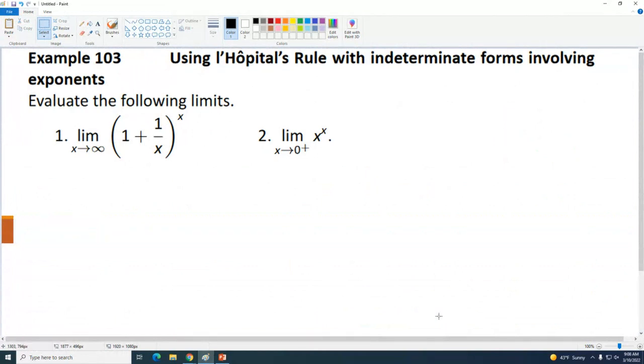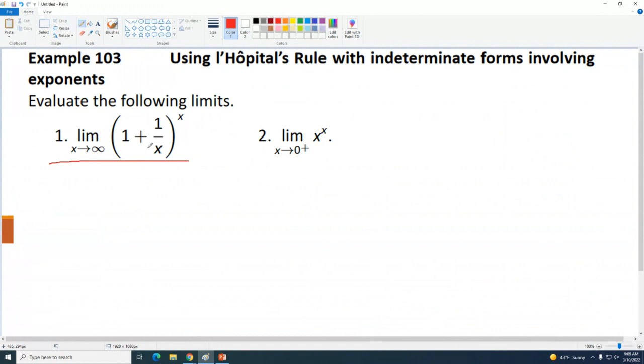All right, the first one: we have x in the denominator, in the base, and we have x in the power. Let's call this f of x. If you want to find the limit of this function as x approaches infinity, 1 over infinity is 0. So this is 1 plus 0, right?